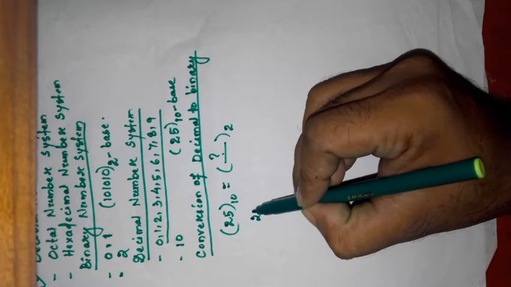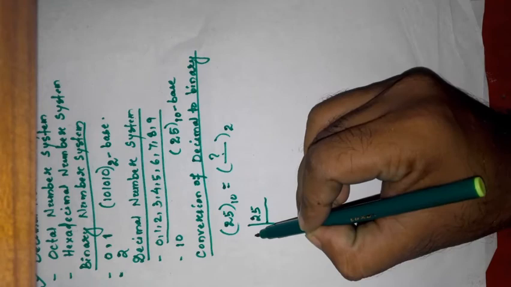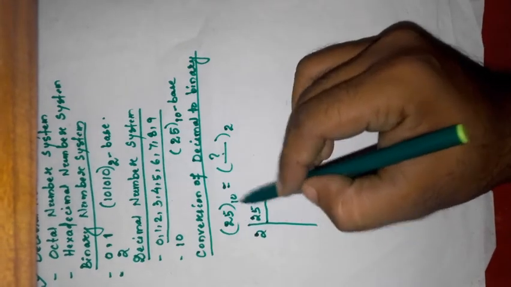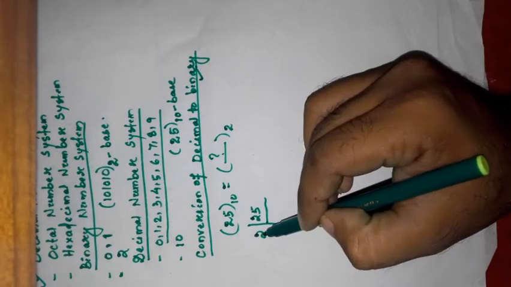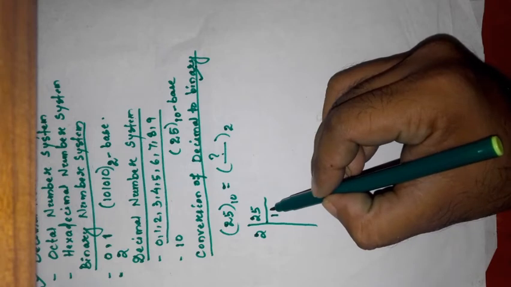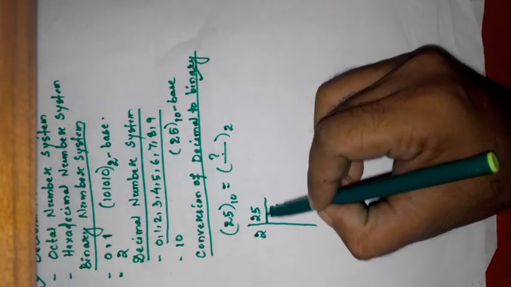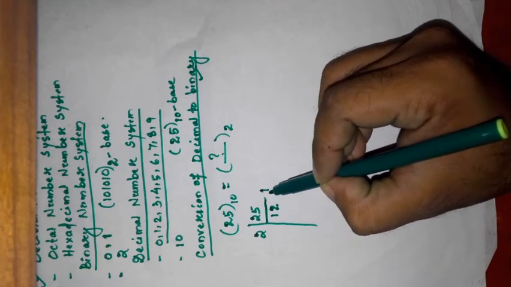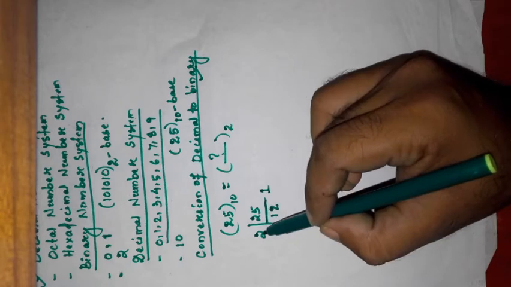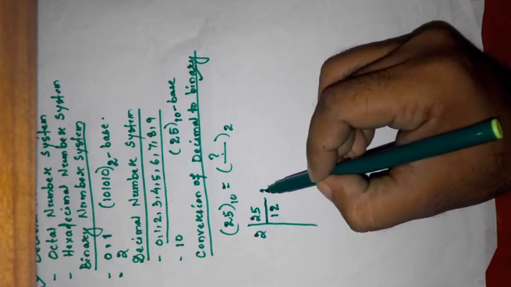First you write 25, then you have to divide it by 2. Why? Because you are converting from decimal to binary, so you have to divide by 2. 2 12s are 24, 1 is the remainder, so you write 1 in that place. When we divide 25 by 2, the quotient is 12 and the remainder is 1.